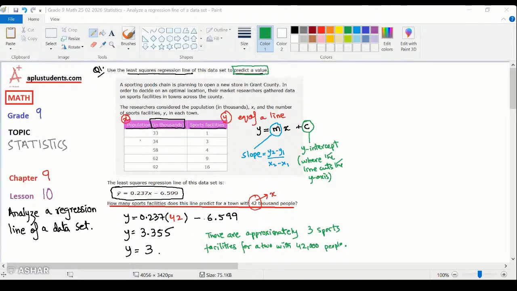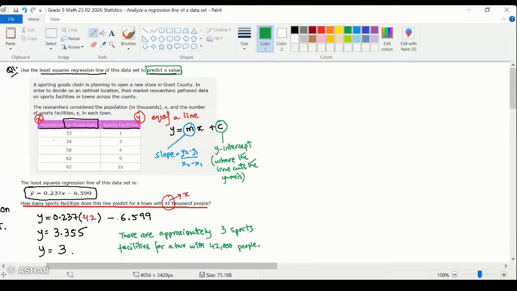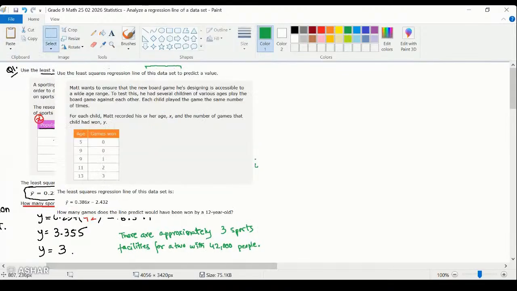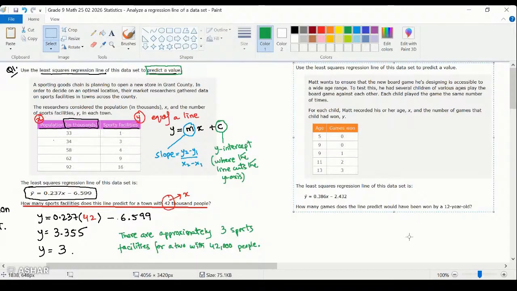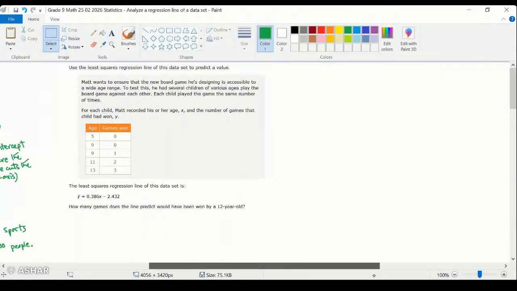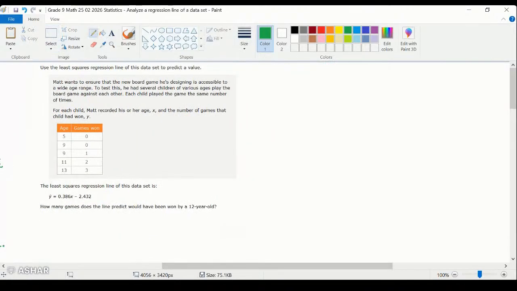For the next question, it says, use the least square regression method, okay, to find the data from. Okay. Question number 2. The second question has this information for us. We'll use the same method to simplify question number 2.